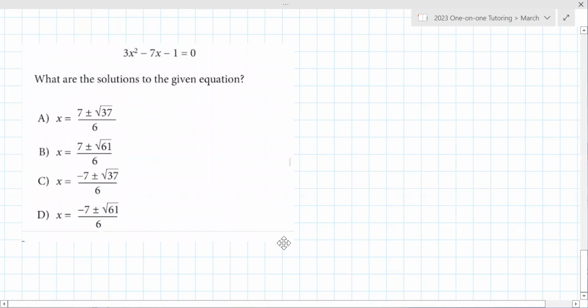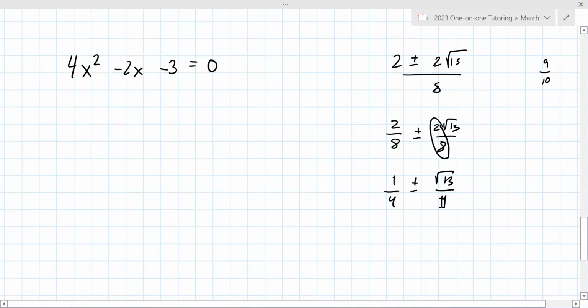Questions that are very similar to what we've been doing. Literally, it's a quadratic formula problem. But there's an added benefit here, which is there are multiple choice answers. That means you don't necessarily need to work through the entire calculation. It's not a free response like we've been doing.